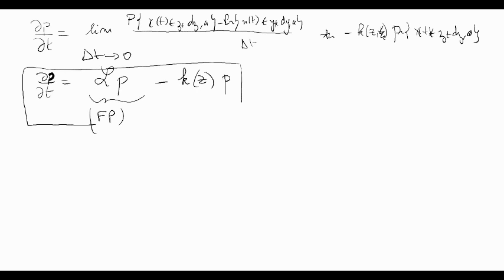So this is the equation satisfied by this. P is here the survival probability.